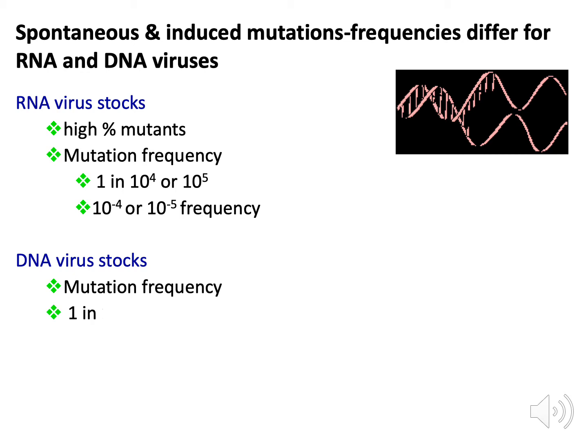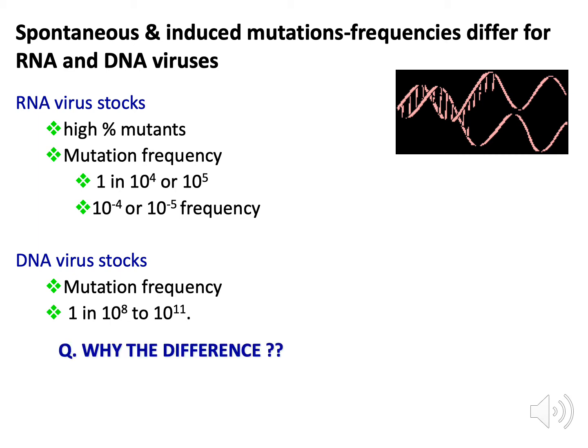So one would say that the frequency was 10 to the minus 4, which is the same as 1 in 10 to the 4, right? And so for DNA viruses, the mutation frequency is 1 in 10 to the 8th to 10 to the 11th. So much, much more mutation, a higher rate of mutation for RNA viruses.